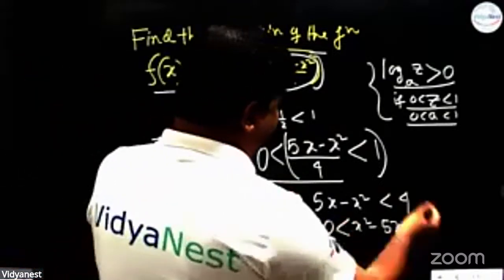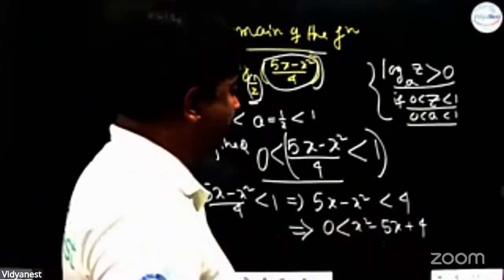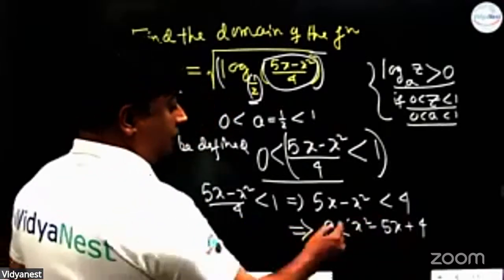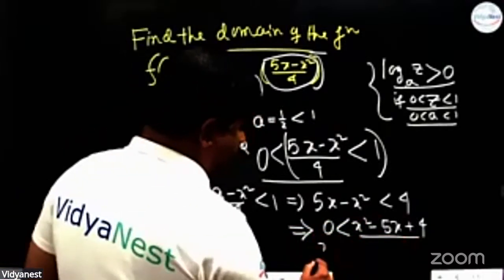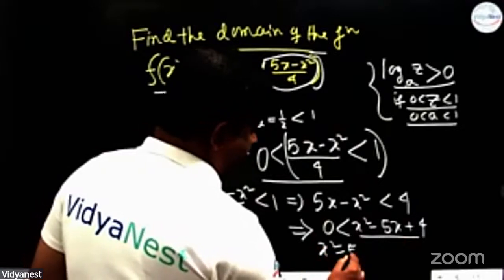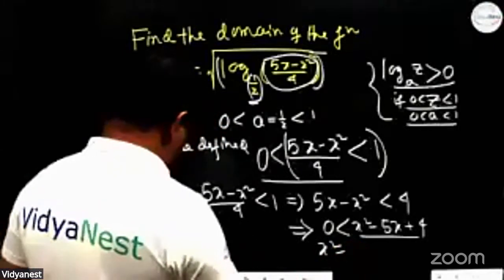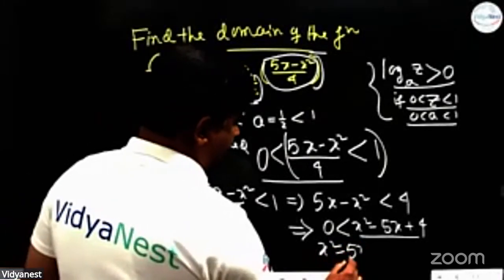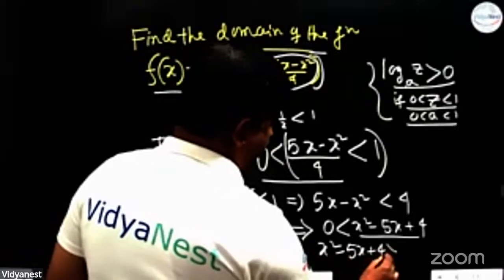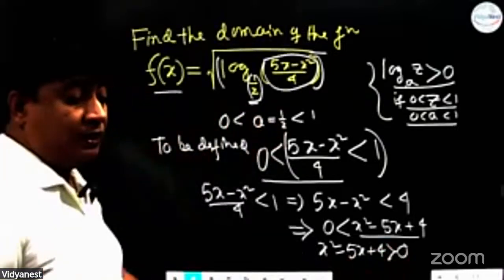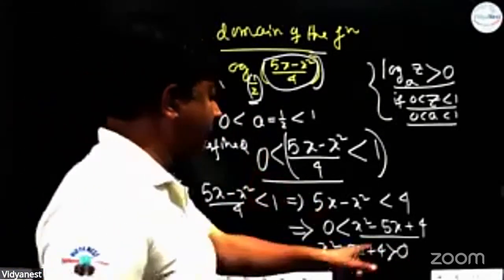In other words, you can write 0 less than this, meaning this thing is greater than 0. Now, can we factorize it? Yes.